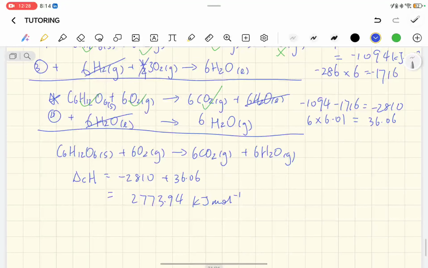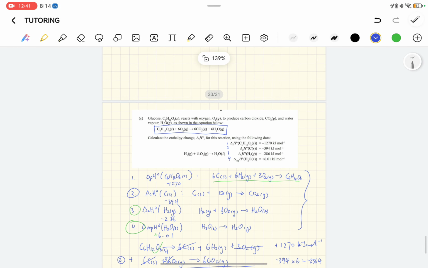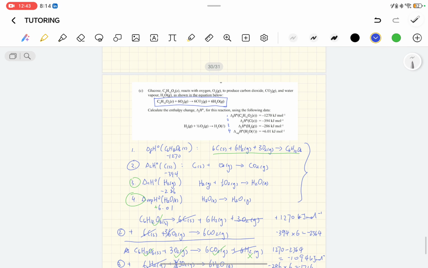And we'll round it to 3 sig figs, which is 2770 kilojoules per mole to 3SF. And this is the whole rundown of the second part, which is the 2023 question 3 part C.